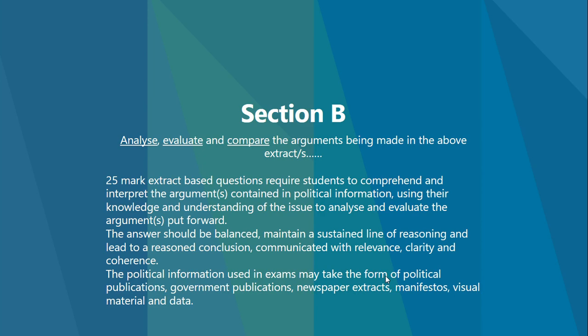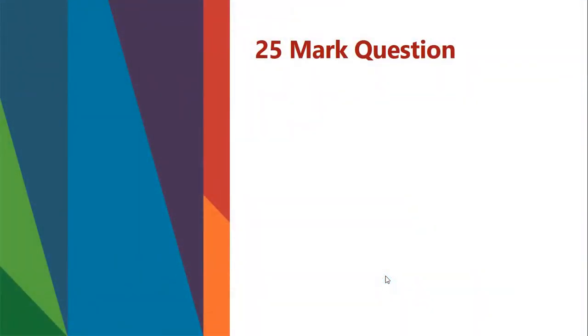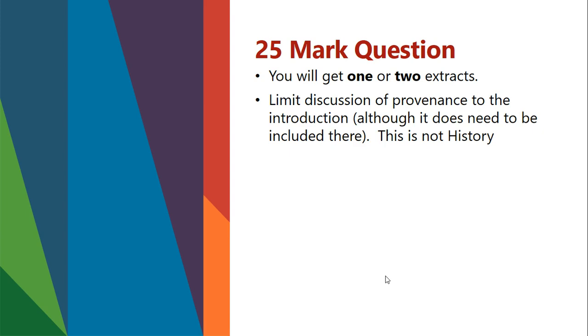The political information used in your exams may take the form of government publications, newspaper extracts, manifestos, visual material, and data. So you will get 1 or 2 extracts, and you need to look at that, and you need to give a limited discussion of provenance in the introduction. It does need to be included in there.